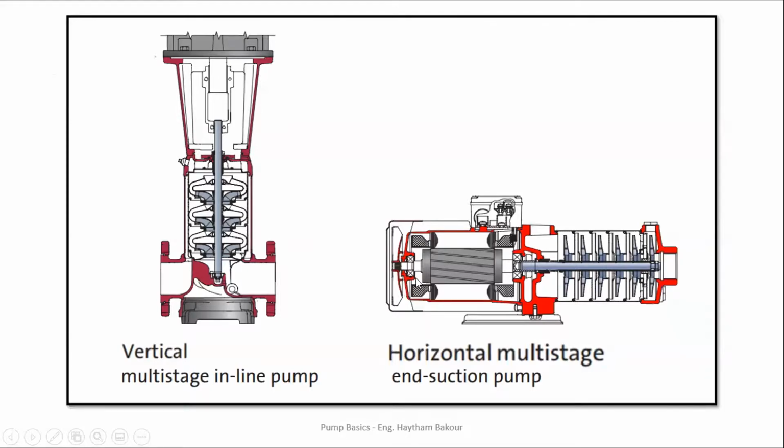We can see here two other kinds of pumps. The one on the right is a horizontal multi-stage pump. When we have more than one impeller, we have a multi-stage pump. On the left, we can see a vertical multi-stage inline pump.